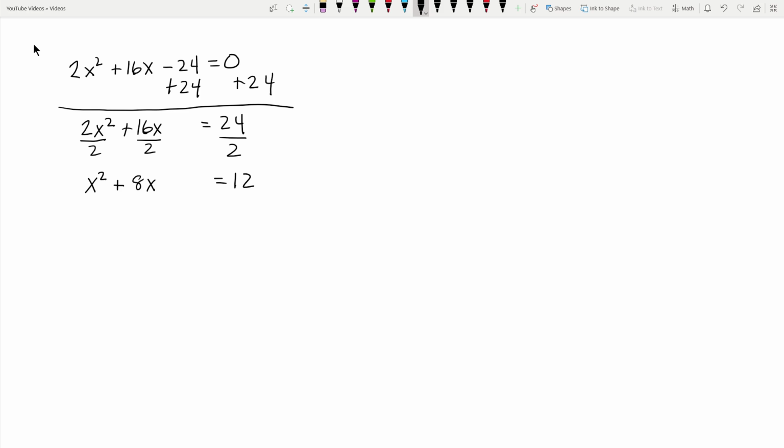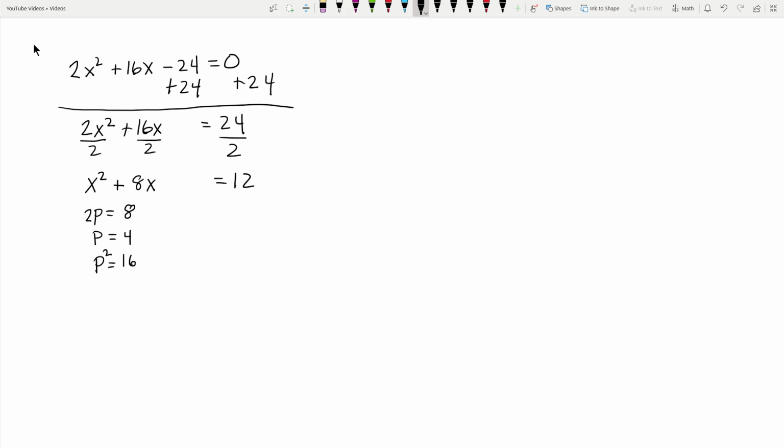Okay. All right, so now my leading coefficient is 1, so I can do my completing the square. All right, so 2p is 8, so p is 4, and p squared is 16.